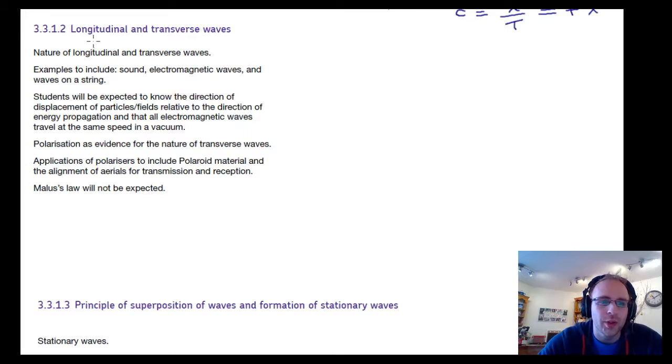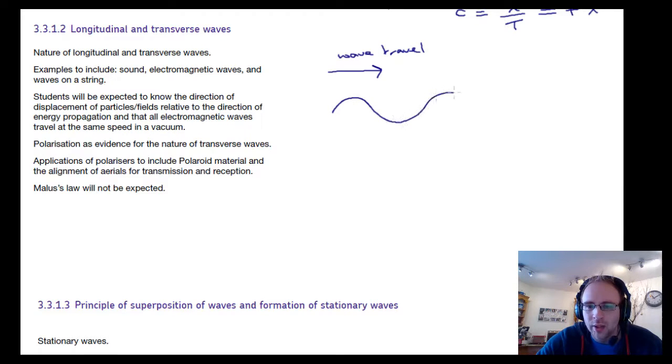So we're going to move on to longitudinal and transverse waves. We'll start with transverse waves. So in a transverse wave, if my wave is travelling that way, that's my direction of wave propagation or wave travel. Then my wave looks like this, and if I were to choose a point on that wave, the particle would be displaced perpendicular to the direction of wave travel.